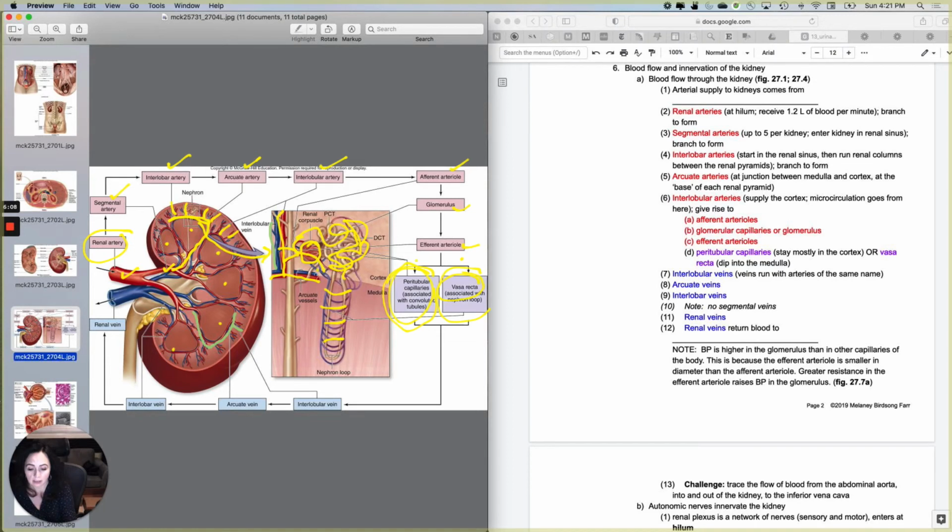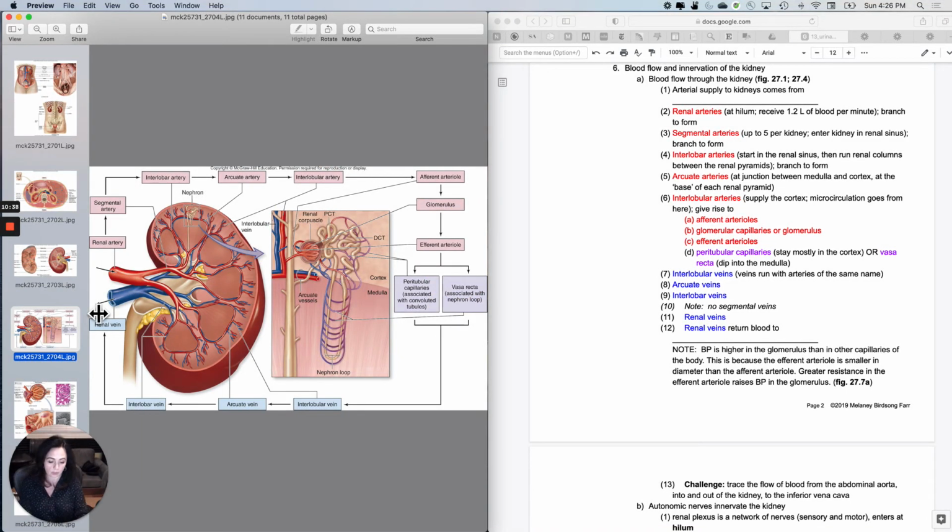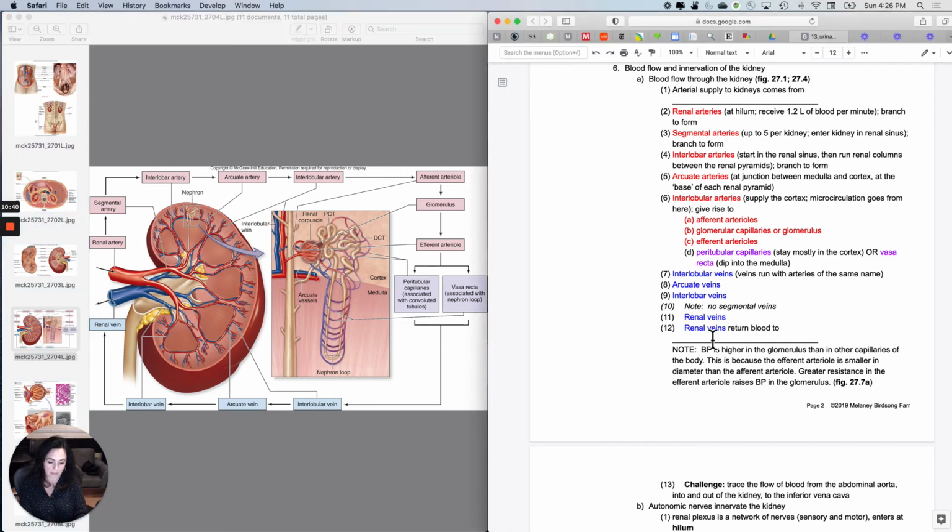And then I do not know why, I can't tell you, these should be called the segmental veins, but they're not. They just consider them an extension of the interlobar veins until you get to this guy, which is of course the renal vein, and that's going to dump back into the inferior vena cava. So the renal veins return blood to the IVC.